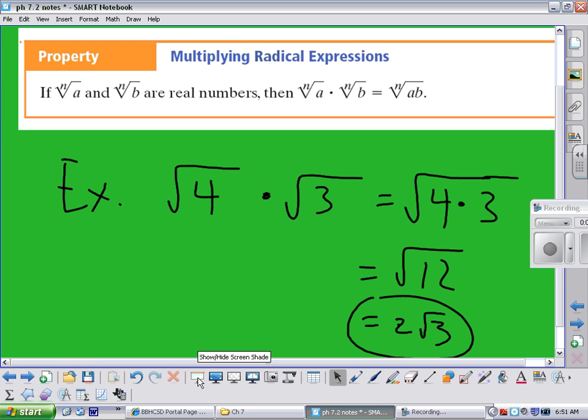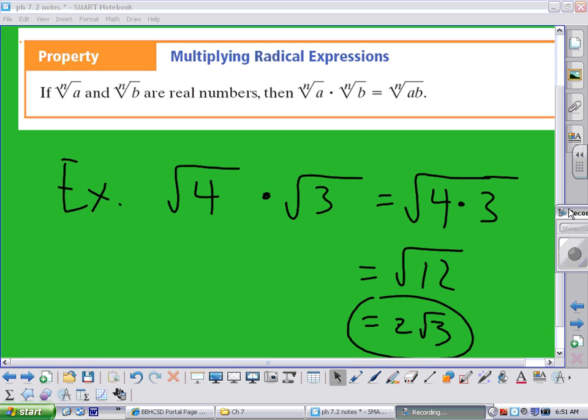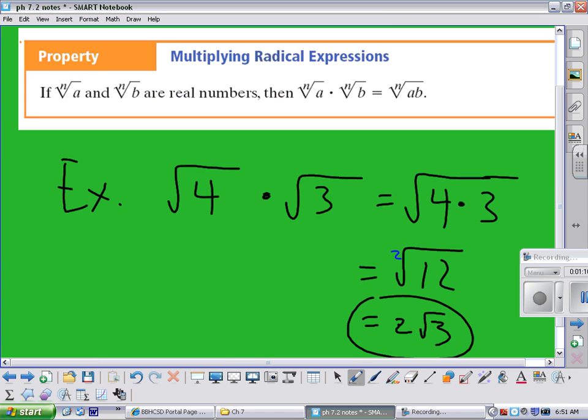So basically this is what we're going to be doing. We're going to be multiplying square root symbols together or cube root symbols together, as the case may be. Since we now know that the index that's not written is 2, from our lesson yesterday.